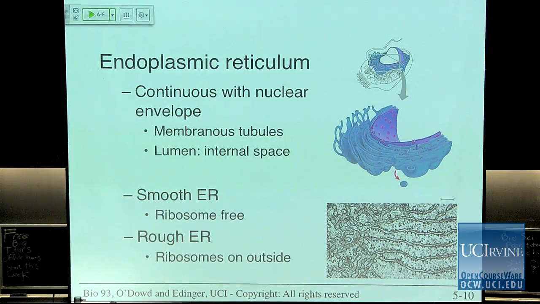We have two different types of endoplasmic reticulum, the smooth ER and the rough ER. Smooth ER has no ribosomes on it, and in this picture it's illustrated up here. The rough ER has ribosomes that have docked to it, shown by these purple dots. Down in this EM, this is rough ER, where there are all these little dots on the outside, those are ribosomes, and this is the smooth ER.